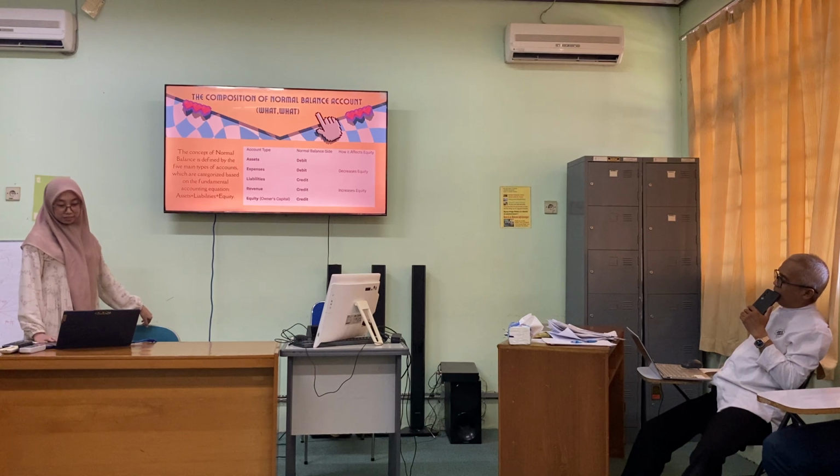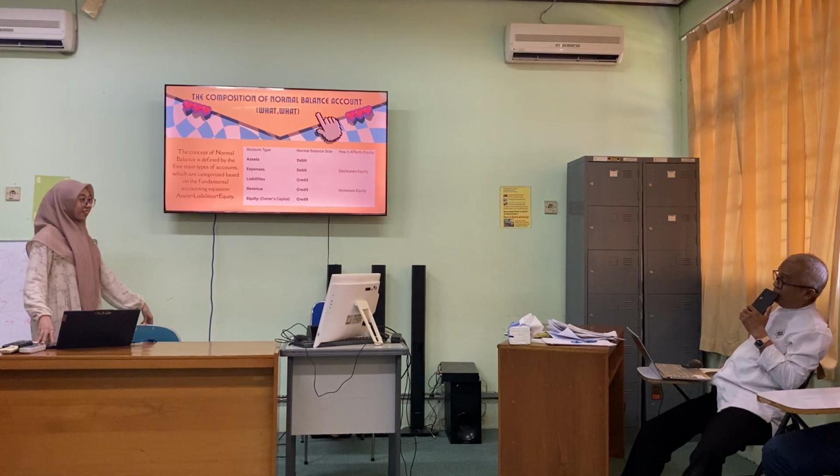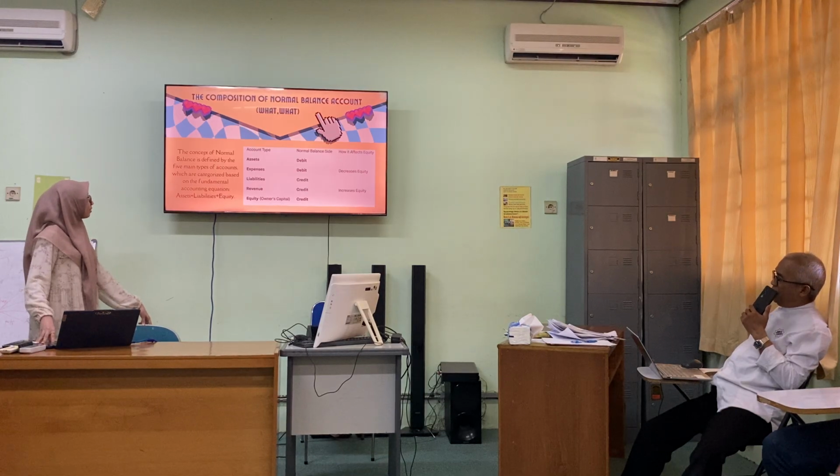Can you show an example of asset? It's like a car and then a building. Assets, liabilities, and equity.